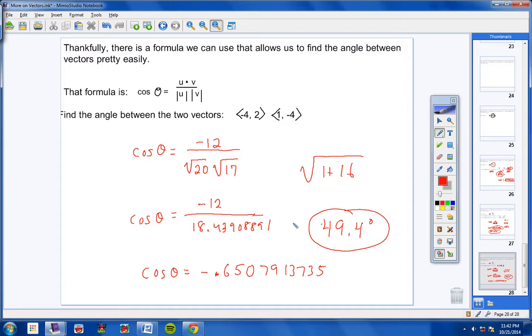Hold on 1 second, please. Your old teacher made a mistake there, so hold on 1 second. Second cosine. After all my lecturing, you guys do not forget your negative sign. I totally forgot my negative sign.